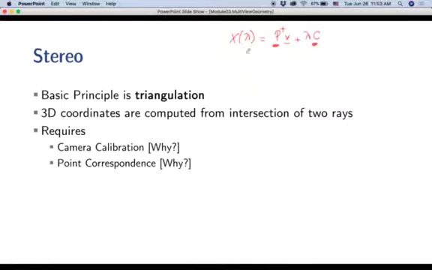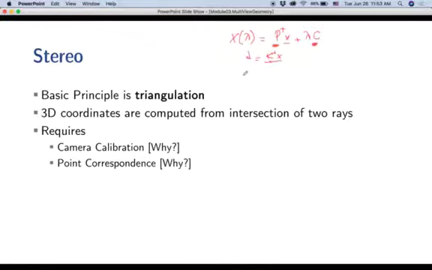Or even if you were in the canonical view, well, both cameras can't be in the canonical view. If one of them is in the canonical view, the other one is not. But even if you were in the canonical view, you have a k inverse x type of relationship for d, which is the direction of the ray, and so this k inverse is all the intrinsic parameters.